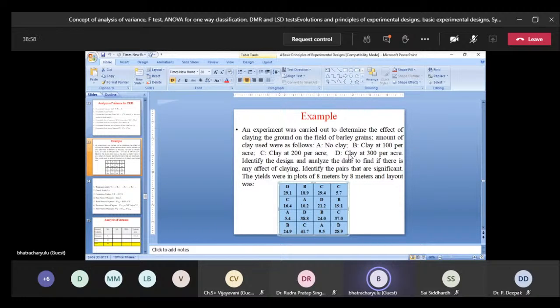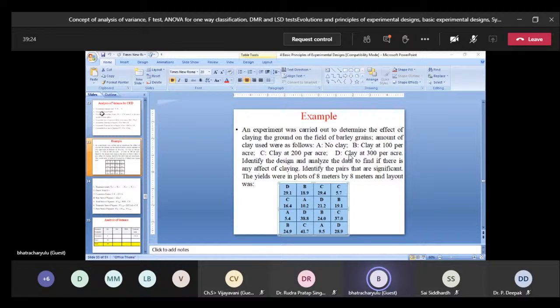These are the observations: 10.2, 9.5, and another 5.4. Generally, whenever you are using this, you have a treatment column and a response column.